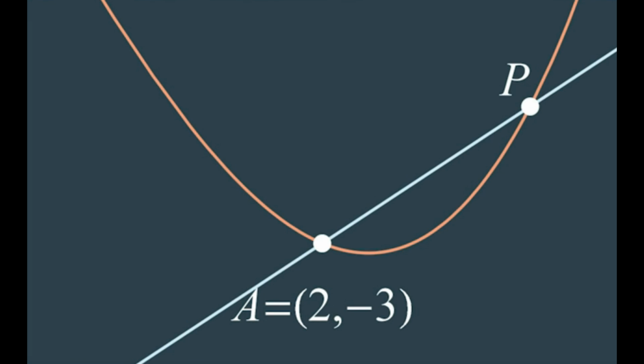So what have we learned? We've learned if we have a curve, like this curved graph in orange here, and if we want to approximate that curve, we could draw straight lines over it. The smaller our lines, the better the approximation. So consider this point A at the bottom.